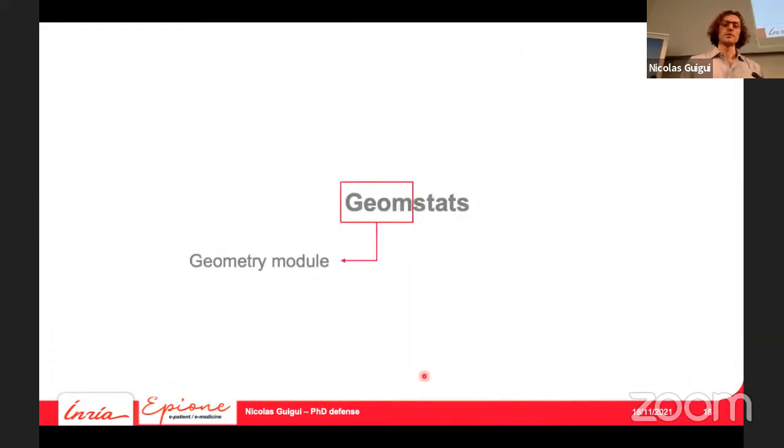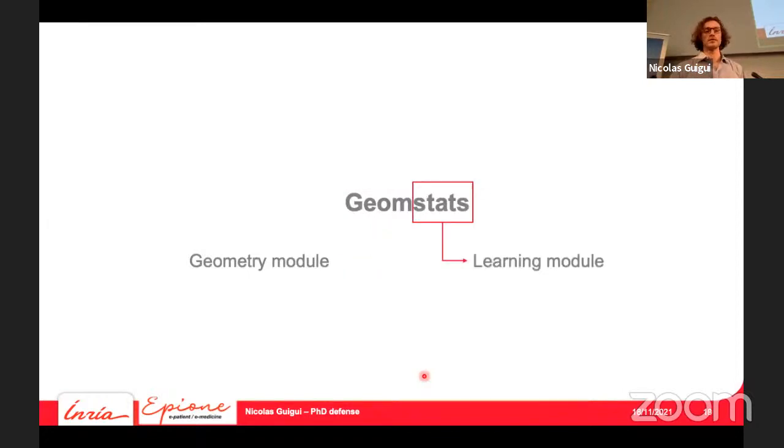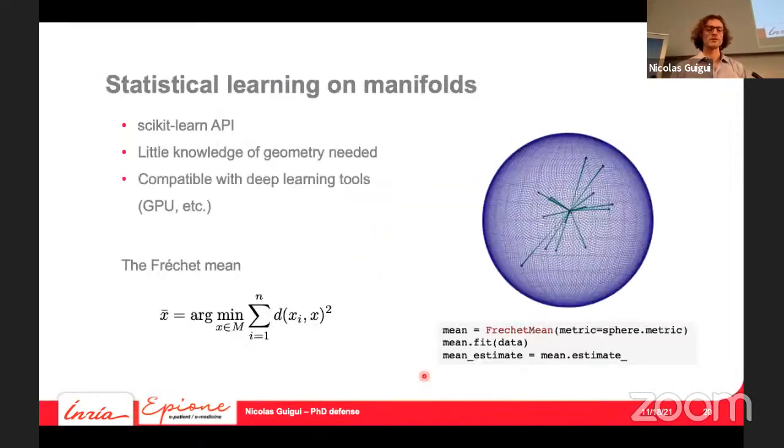Okay, so now that we know about the geometry module, we can use it to perform statistics and machine learning. So the statistical learning module of geomstats is designed to match the scikit-learn API so that little knowledge of geometry is needed, and it is compatible with deep learning tools to compute efficiently. So the fundamental example of geometric statistics is the Fréchet mean.